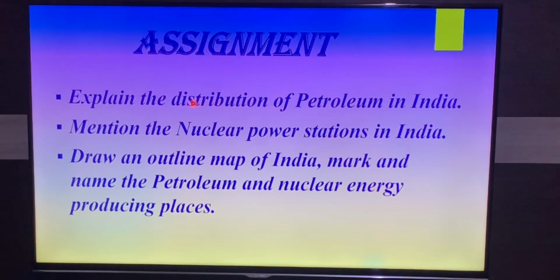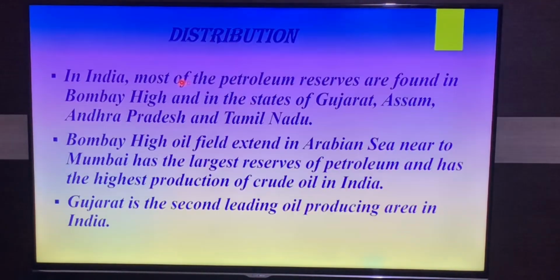Assignment. Explain the distribution of petroleum in India. In India, most of the petrol reserves are found in Bombay High and in the states of Gujarat, Assam, Andhra Pradesh and Tamil Nadu.